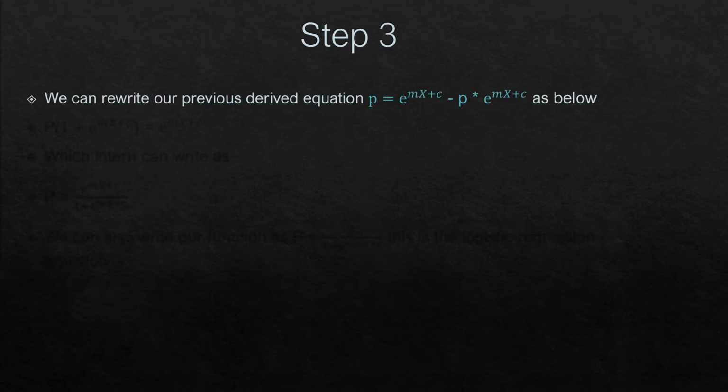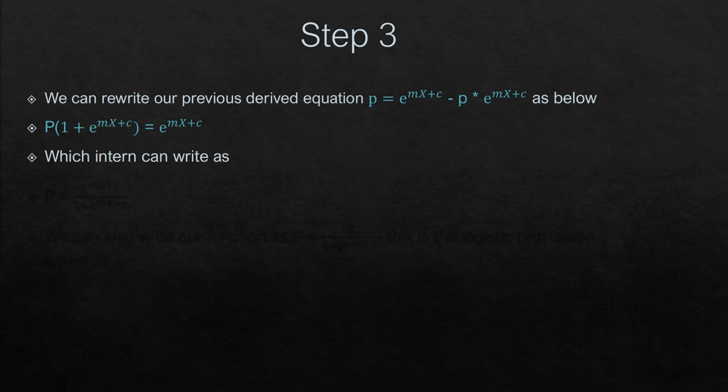So we can write our previous equation as below. If I send this minus p into e to the power of mx plus c to the other side, it will become p into 1 plus e to the power of mx plus c, which in turn we can write as p equal to e to the power of mx plus c divided by 1 plus e to the power of mx plus c.